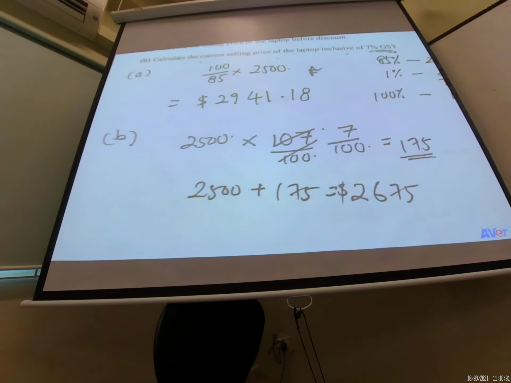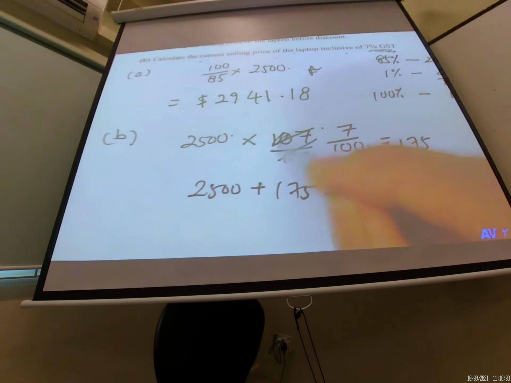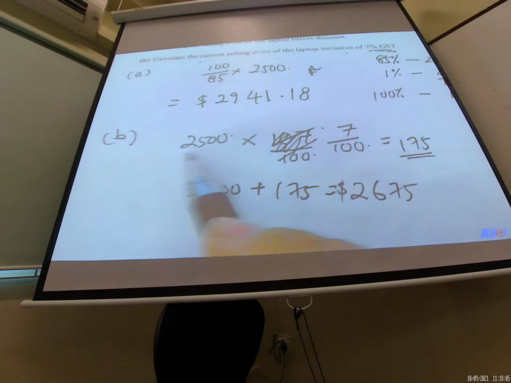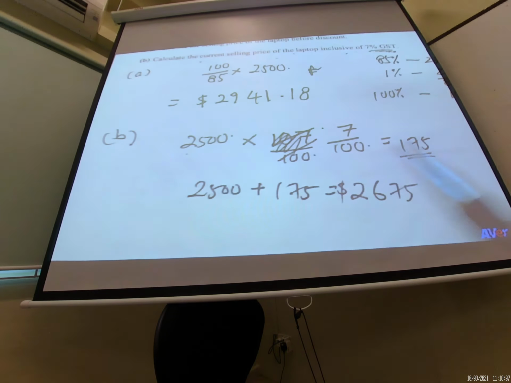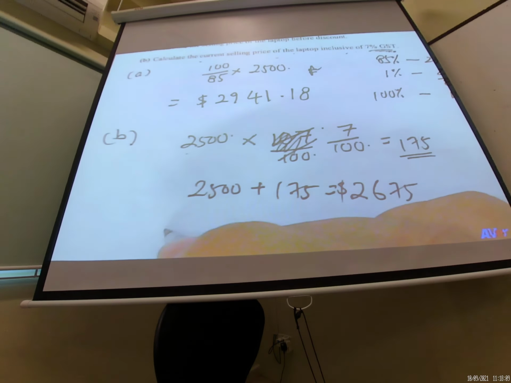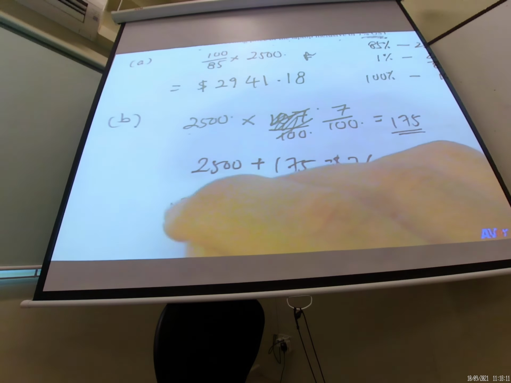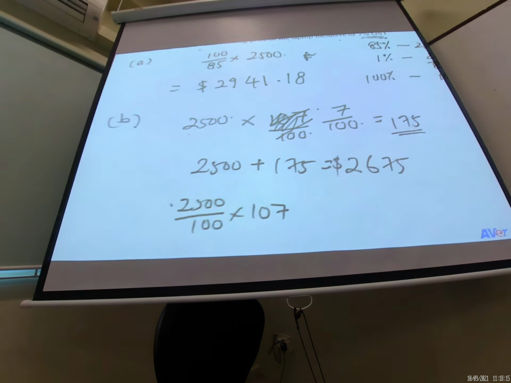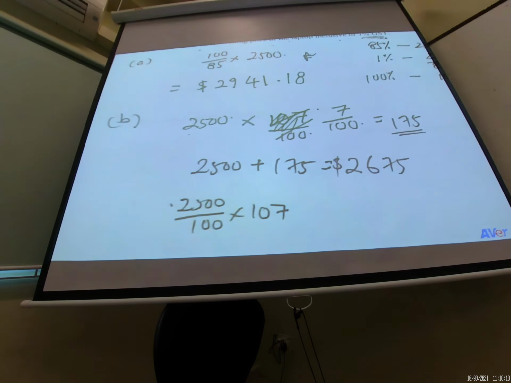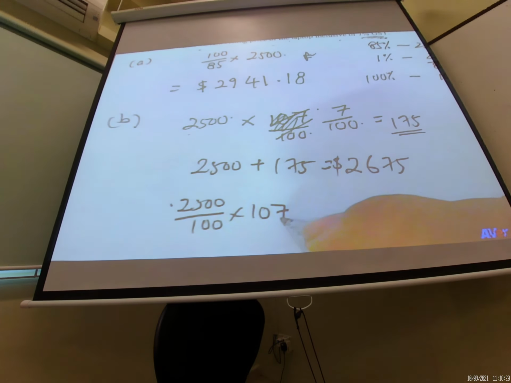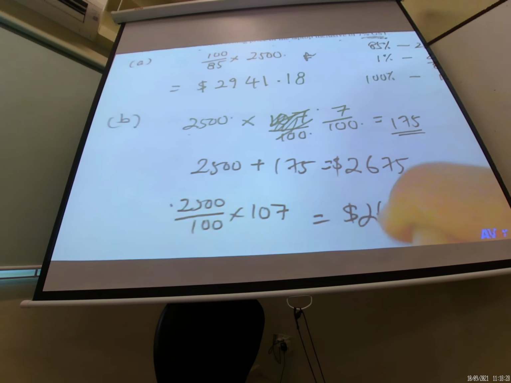Okay, or in other words, if we add the 7%, this is 100%, then if you want to add another 7%, we can also find it by multiplying by 107. This will mean that we add the 7% already. We want to know what is 107% of $2,500. It will give you the same answer, 2,675.